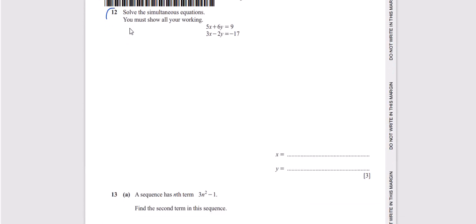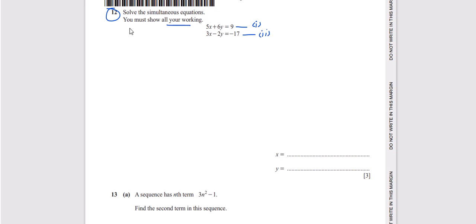Question number 12. Solve the simultaneous equations, you must show your working. The first equation is 5x plus 6y is equal to 9. Say that this is equation 1, and 3x minus 2y is equal to minus 17, this is equation 2.